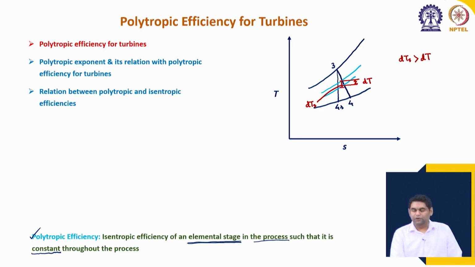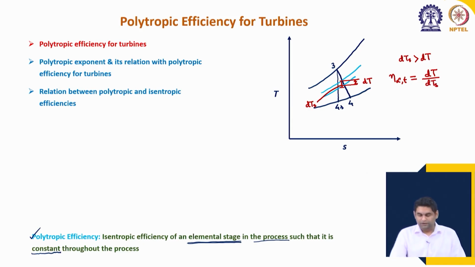So, in this case the polytropic efficiency is defined as, eta infinity, T for turbine, is equal to dT by dTs. This is different from the compressor where we had dTs by dT.